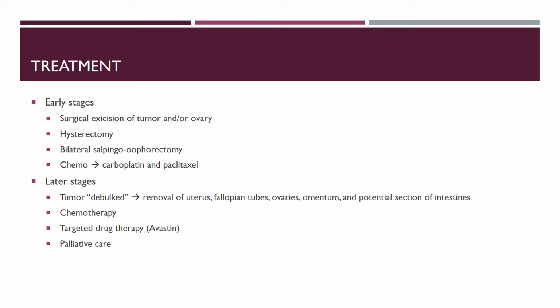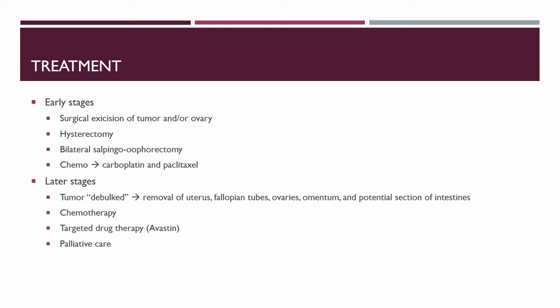And in later stages, when it's more difficult to treat, the tumor can be debulked, and that is when they remove much more of the female reproductive system: uterus, fallopian tubes, ovaries, and omentum, which is the fatty tissue of the upper abdomen. Sometimes the cancer spreads to the intestines, small or large, so their intestines may need to be resected as well.